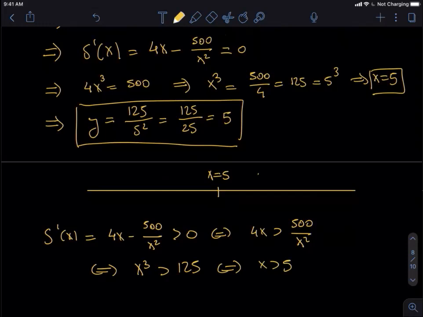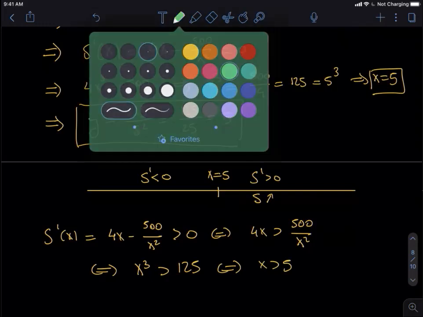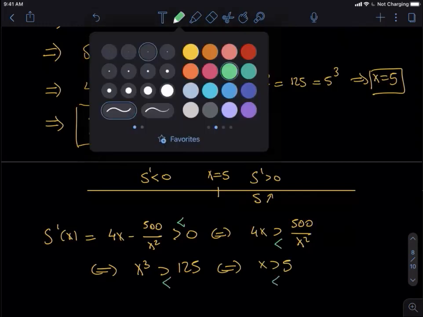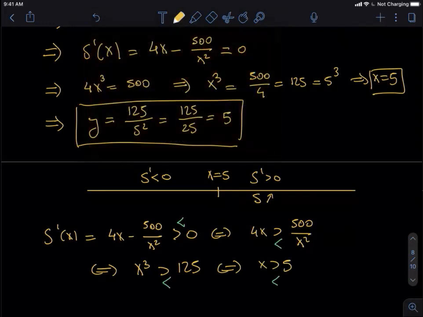So s prime is positive on the right of 5. That means s is increasing, and it will be negative otherwise. You can repeat this same computation with a less than instead of a bigger than, and you will see that s prime is less than 0 for x less than 5.